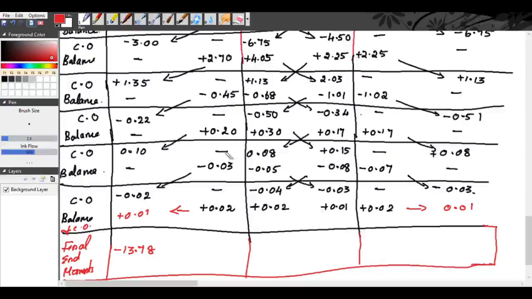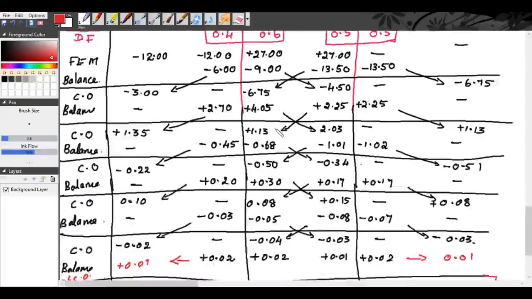Similarly, when you add everything for the span BA, you get minus 15.56. You get plus 15.56 plus 12.15 minus 12.15 and minus 6.07. These are your final end moments.